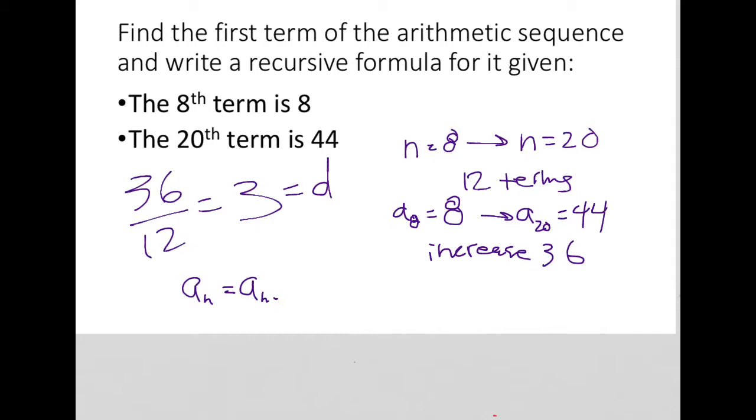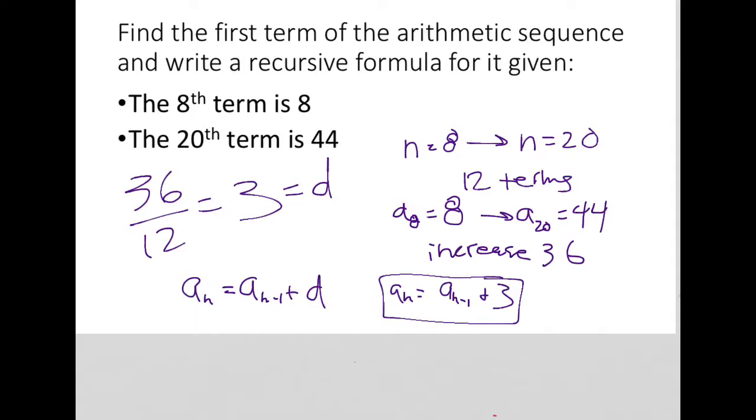And so a sub n equals a sub n minus 1, the previous term, plus 3. That is our boring recursive formula.